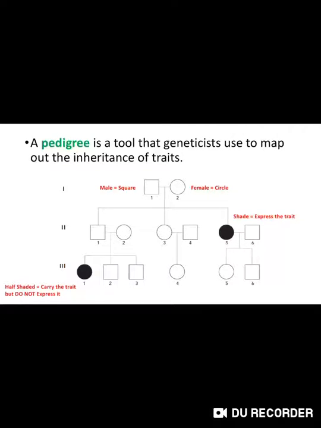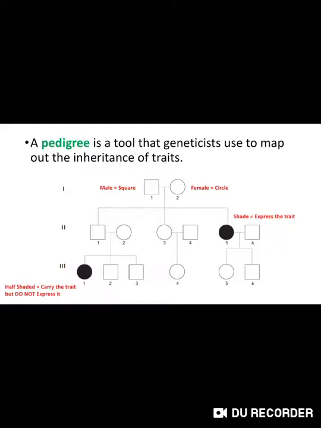So in this case, 1 and 2, the square and the circle, are a mom and a dad. Those are the first generation. Then they had offspring, and you can see how they had males and females.